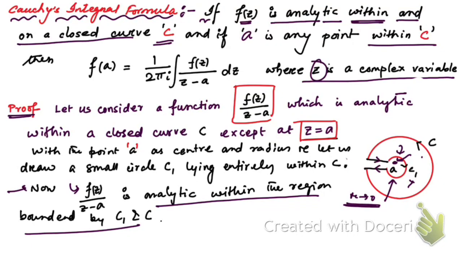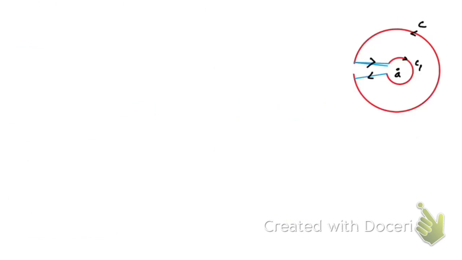If r doesn't tend to 0, that means if it is not very small, then C1 will enclose more such points at which this function will be analytic. So this function will be analytic not only within these two regions, but also at some points within C1 as well.